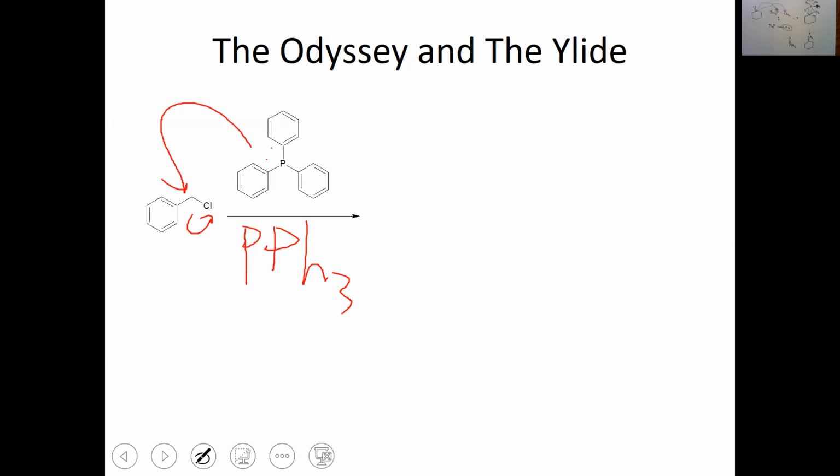Let's see if we can draw it legibly. Benzene, CH2, PPh3. When PPh3 connects like that, he went from neutral to now having 4 bonds, just like nitrogen, his upstairs neighbor. He's got a positive when he's got 4 bonds.